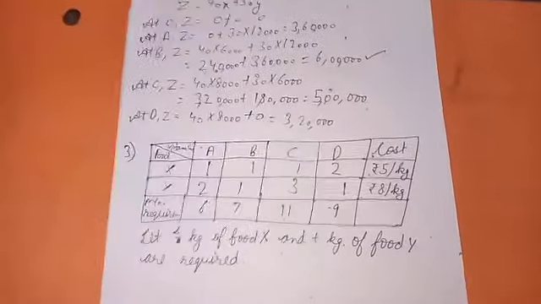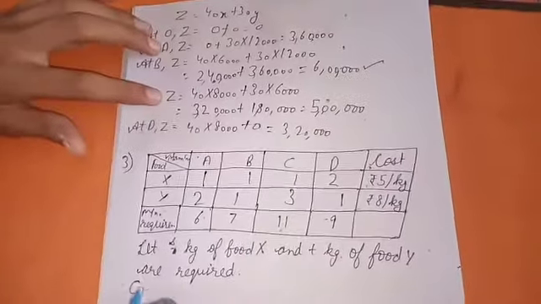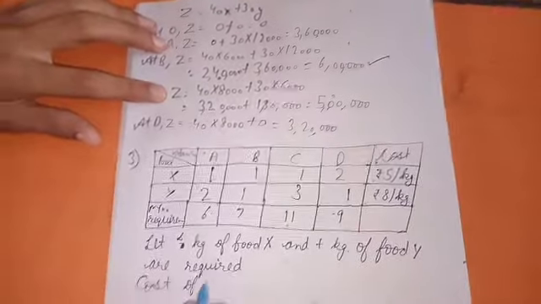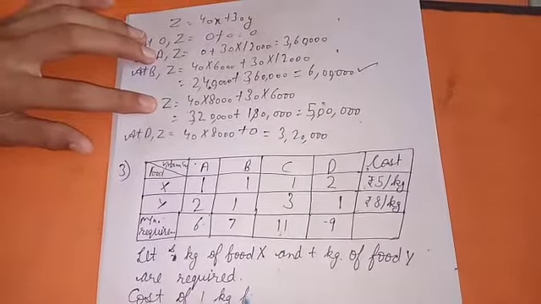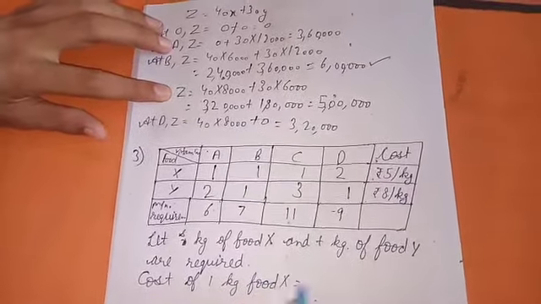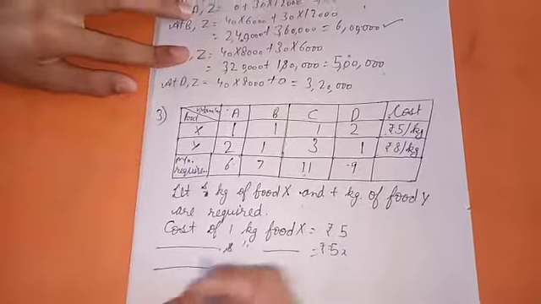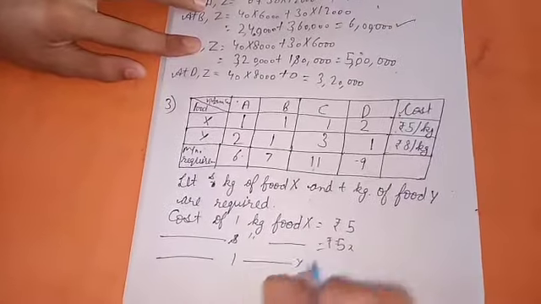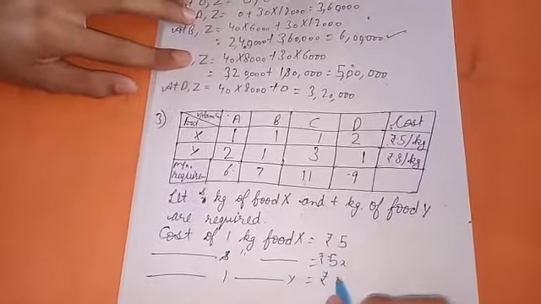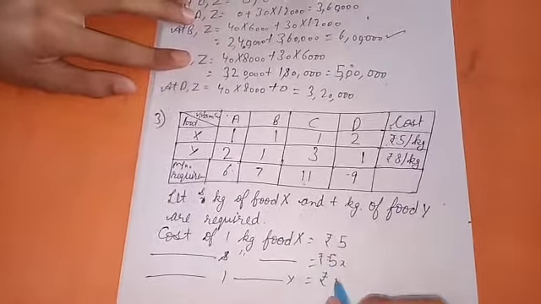The cost of 1 kg of food X is rupees 5, so the cost of S kgs of food X is 5S. Similarly, the cost of 1 kg of food Y is rupees 8 and the cost of T kgs of food Y is 8T.